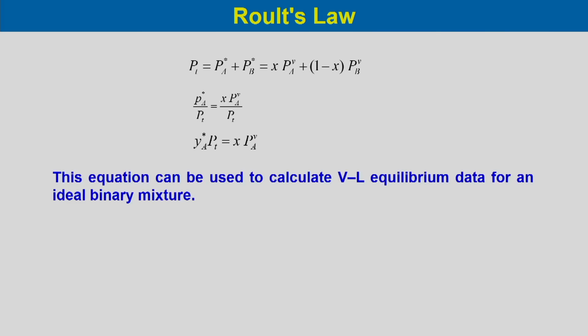So, the Raoult's law equation can be used to calculate the vapor liquid equilibrium data for an ideal binary mixture. Please remember that this is only applicable for an ideal binary mixture.